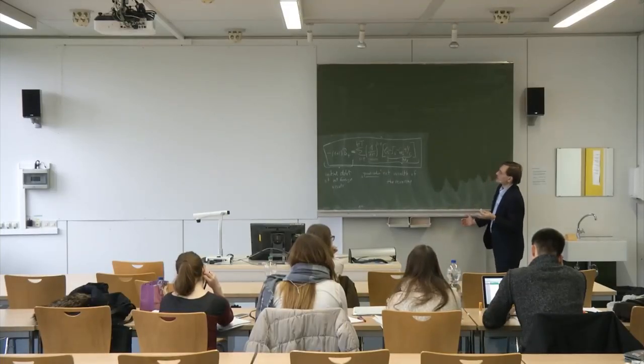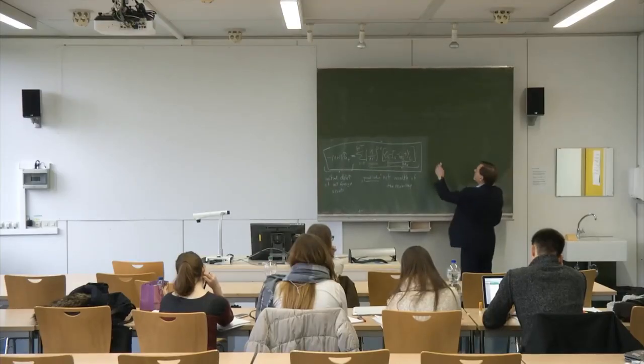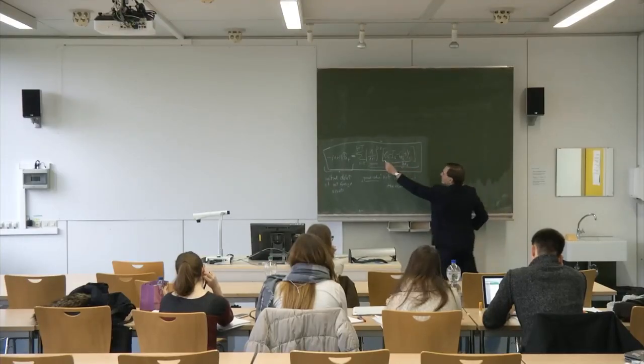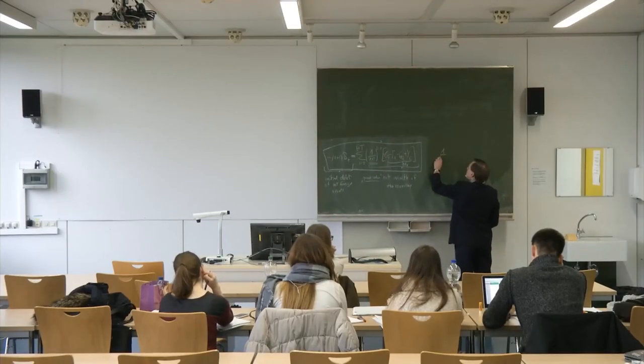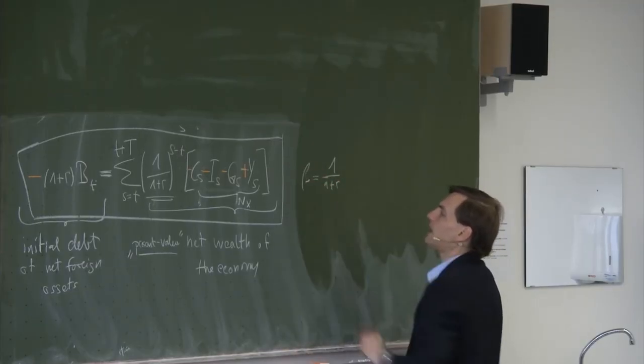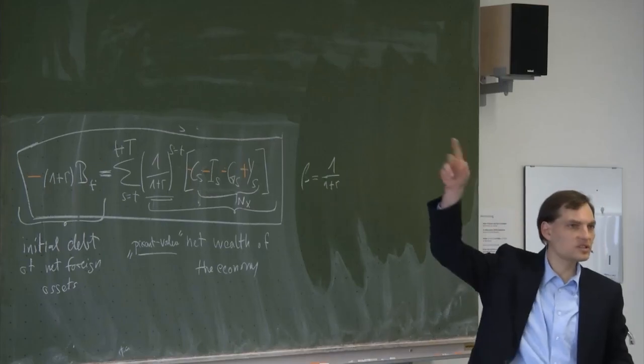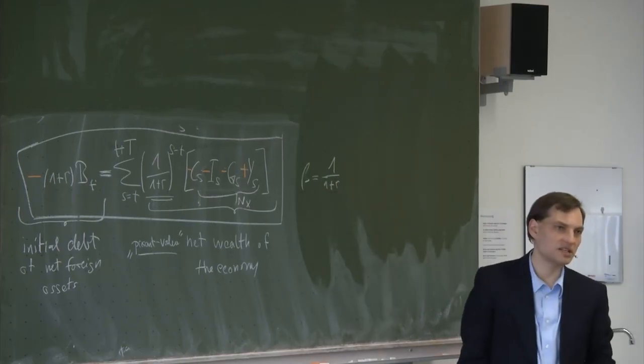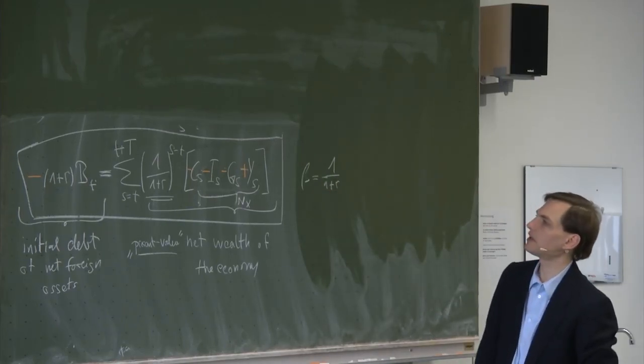Well, it's not an assumption, I just simplify this condition in a way. I say, suppose that this 1 over 1 plus r is equal to the discount factor I already introduced in the utility function. This is equal to my beta. This is my discount factor.